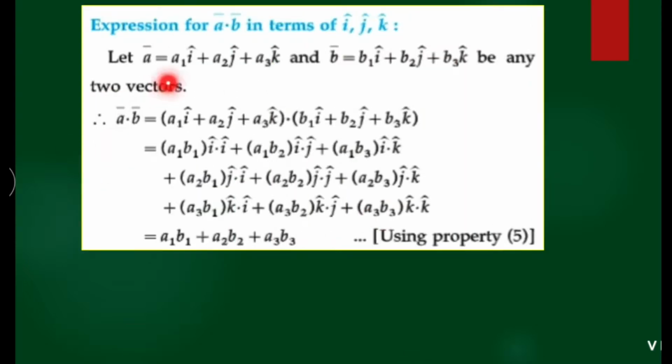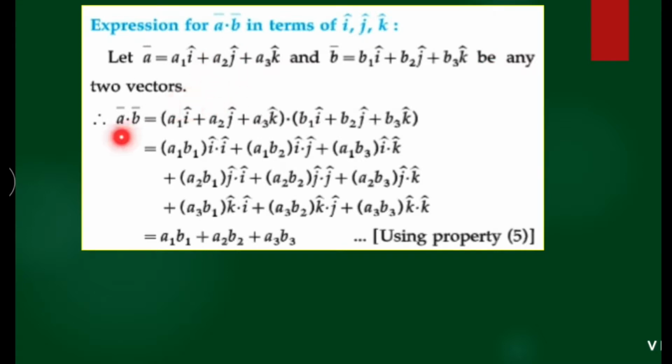Now see the expression for a bar dot b bar in terms of unit vectors i, j, k. Let a bar equal a1 i plus a2 j plus a3 k. So we consider here vector a as a1 i plus a2 j plus a3 k and vector b as b1 i plus b2 j plus b3 k, any two vectors.